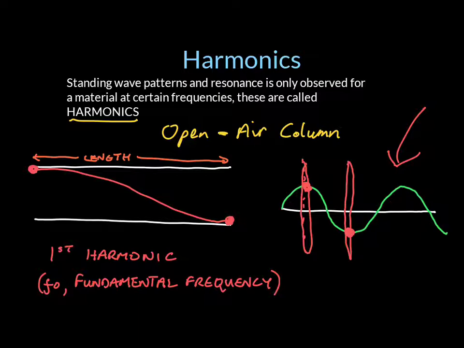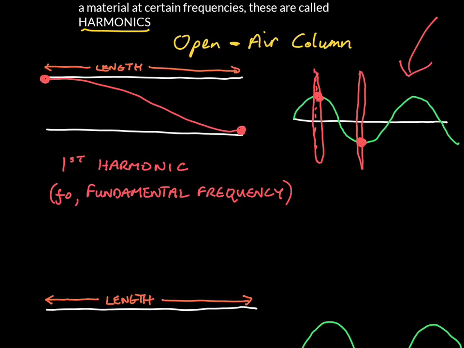So for the length of tube that we've got, what we've actually drawn out in this case is a relationship between the length of the tube and the wavelength that fits within it. Now this red wavelength in this length of tube, if we go back to this pattern here and have a look at it, we should hopefully be able to see that that's half a wavelength.